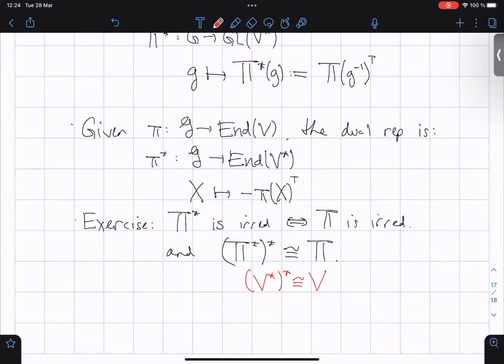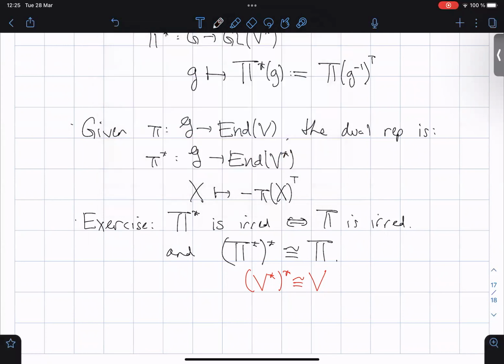So then at that level, these guys are isomorphic. You might have to review a little bit on dual spaces here, but it's a well-known fact that with V being finite dimensional, if you take the double dual, then this is isomorphic to the original vector space. Try to make that explicit if you're not used to working with dual spaces.